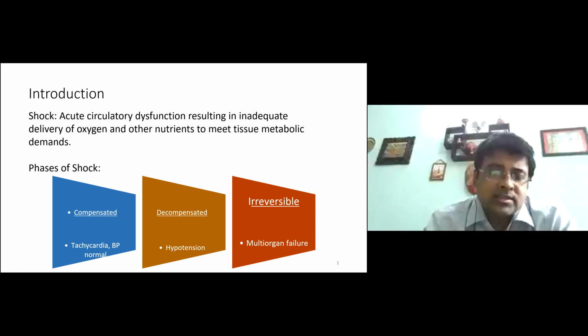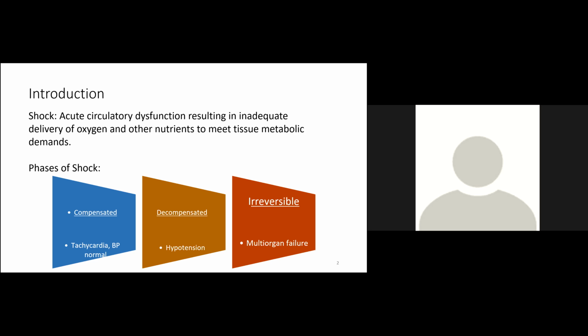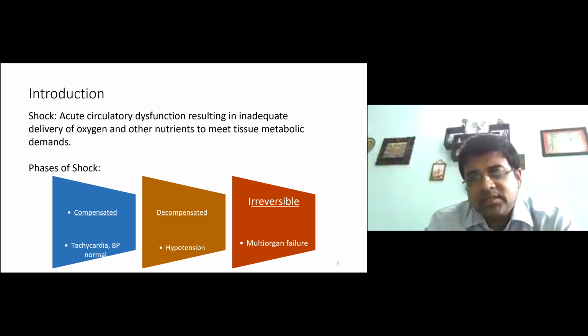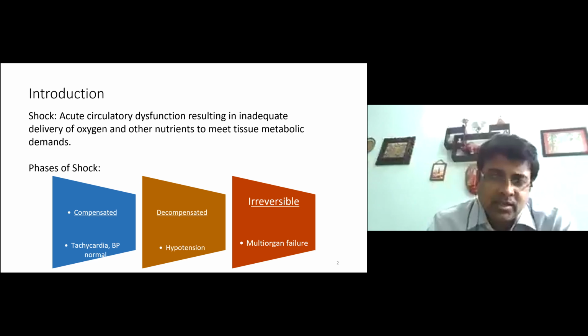We are just cautious here, but we don't do much. The second phase is decompensated, where the patient presents with hypotension, and this is where all our dynamic action takes place. The third phase is the irreversible, where you end up with multi-organ failure. This is something we have to prevent. So we have to pick up the patients in the compensated and decompensated states.